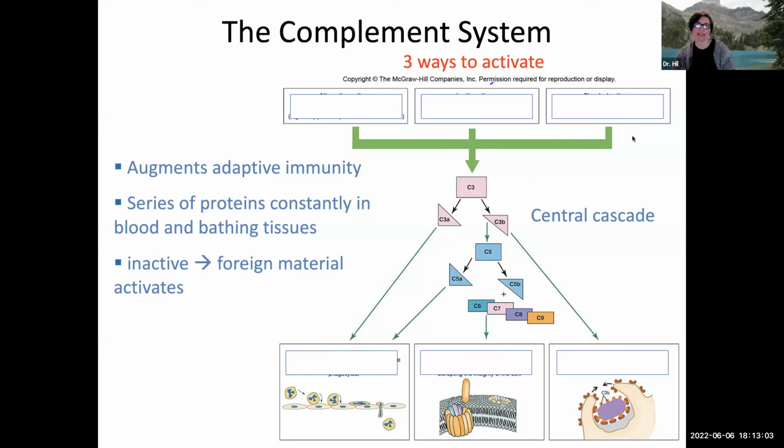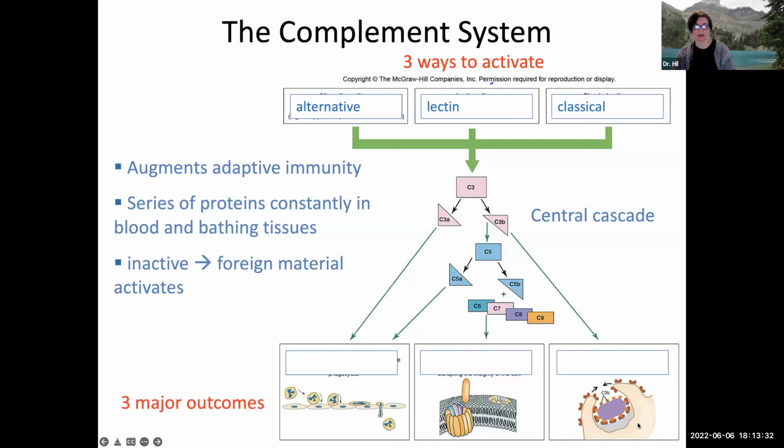So there's the so-called classical pathway, which was the first one discovered. There's the alternative pathway, because they found out there was another way and they were like, oh, well, I guess that's the alternative. And then there's the lectin pathway, because they found a third one and by now they were out of alternatives, so they had to name it after something actually useful. Any of these will flick the light switch, and once that switch is flipped, then a series of events always happens.